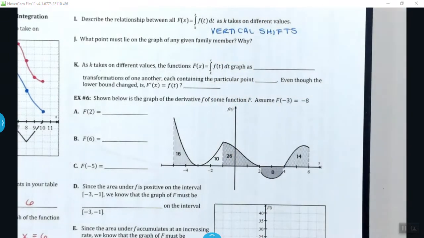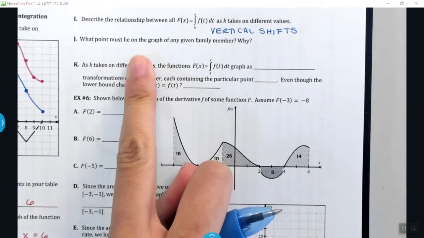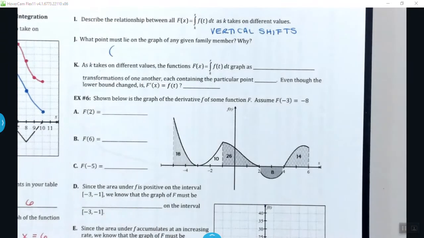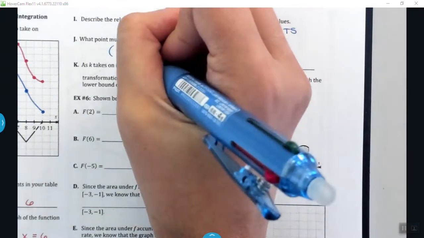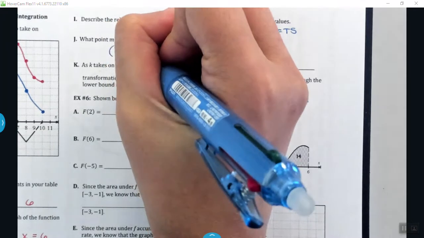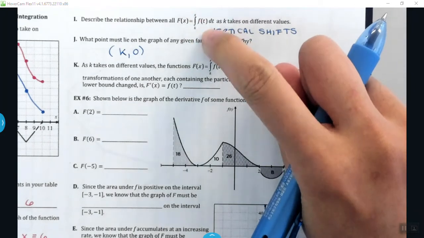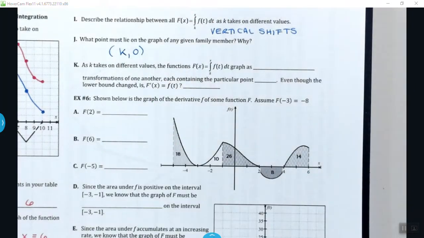And what point will always lie on the graph given any family member? K comma 0. Every time you go from K to K, you'll always get 0. So that's always going to be the 0 of your graph.